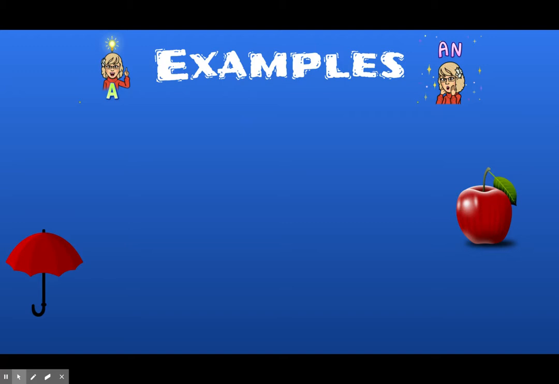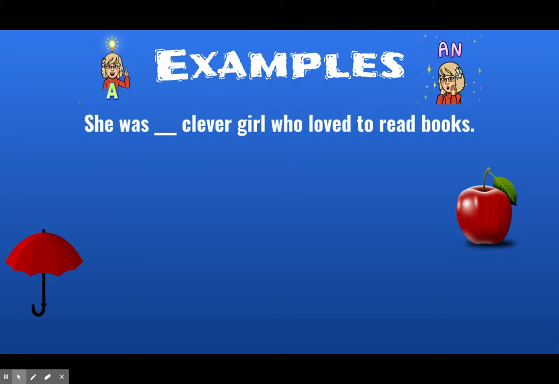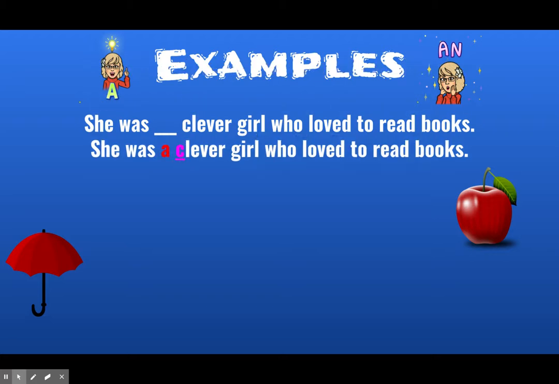Okay, here's some examples. She was blank clever girl who loved to read books. Okay, so I know that either a or an is going to go there. So I look at this word right here and I hear clever. So automatically I know that I would use the word a because clever begins with a consonant sound.